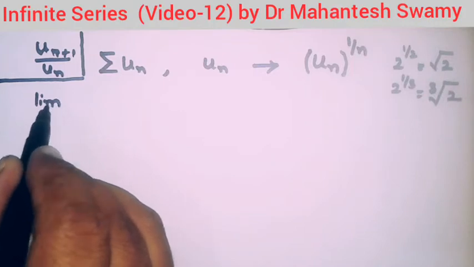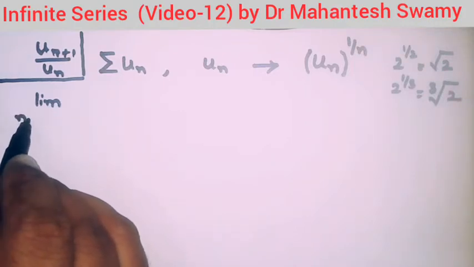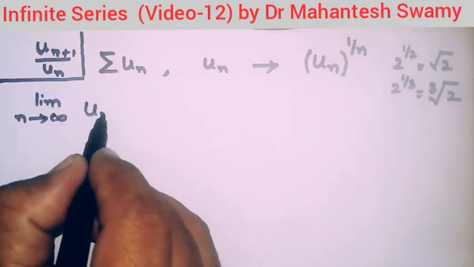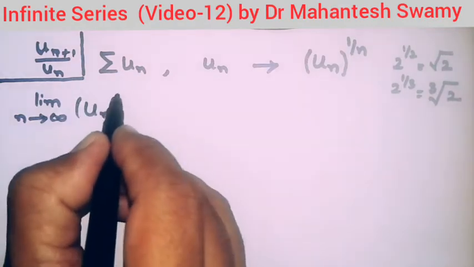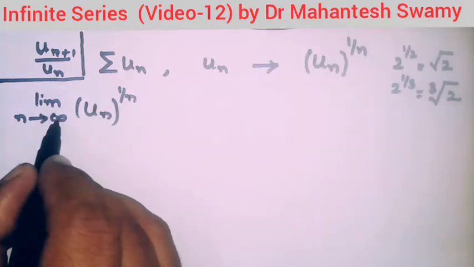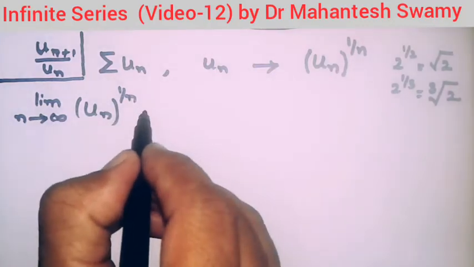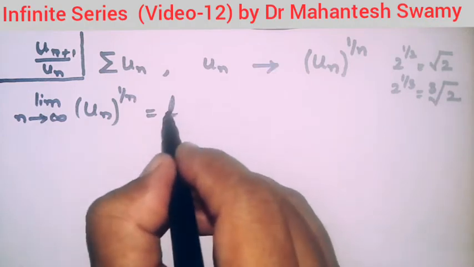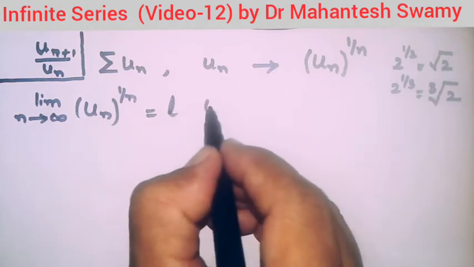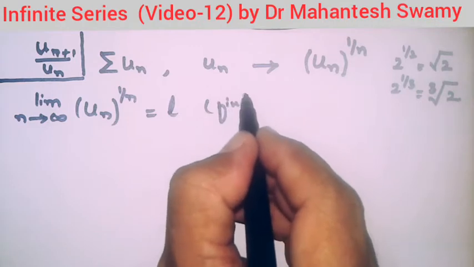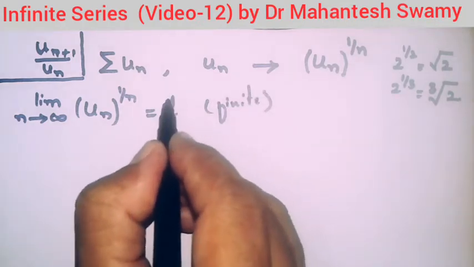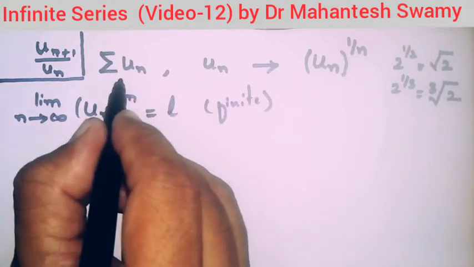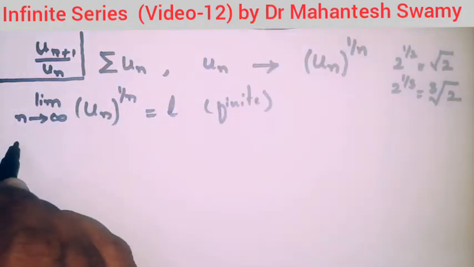So the principle of Cauchy's root test is to take the limit of the nth root of un, that is un to the power 1 by n, as n tending to infinity. We have to evaluate this limit. If the answer is a finite quantity L, then depending upon the value so obtained, we conclude whether the given series is convergent or divergent.